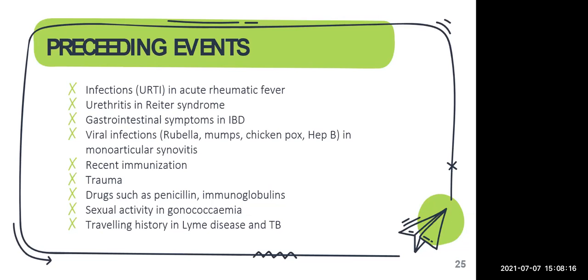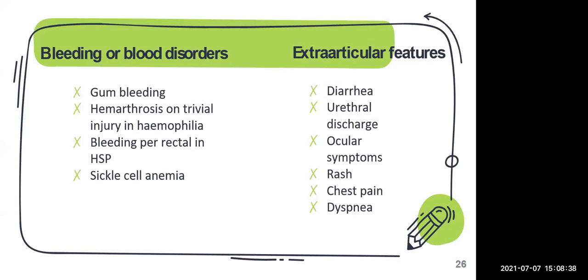It can be due to HIV. So you need to ask about immunization. And then trauma. Drug is also important. Also ask for sexual activity, which can be the cause for septic arthritis, and traveling history, such as in Lyme disease and TB.